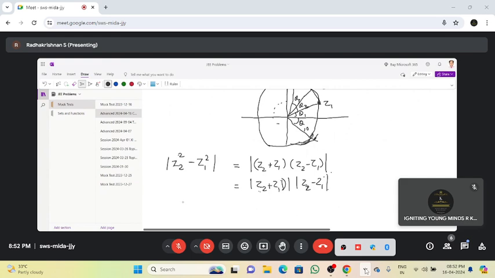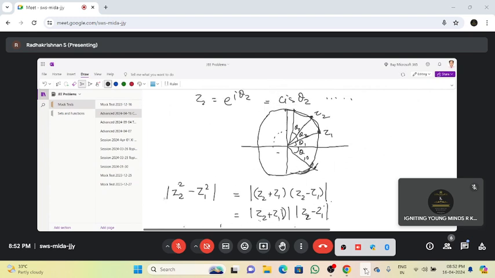There's the triangle inequality that says mod of Z2 plus Z1 is less than or equal to mod of Z2 plus mod of Z1. Since we know that each one is 1, mod of Z2 plus Z1 will be less than or equal to 1 plus 1, which is 2. So this is Z1, Z2 will be something like this. Z1 plus Z2 is like the diagonal of the parallelogram.